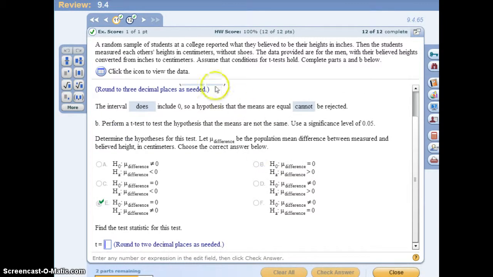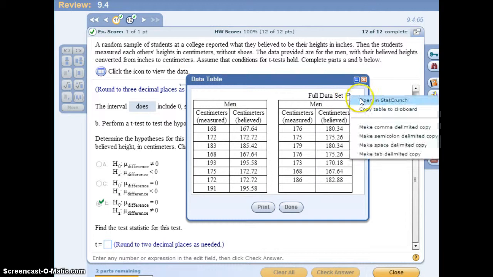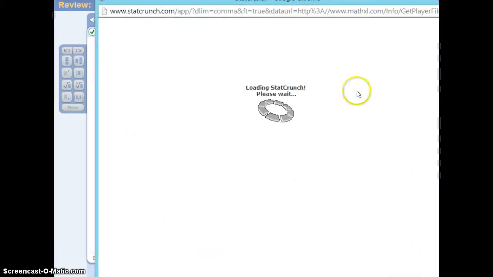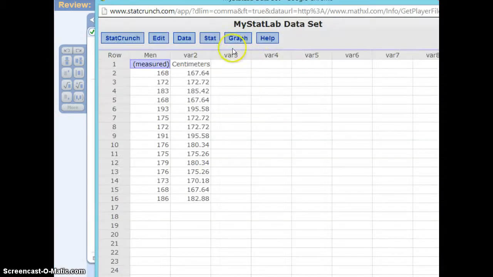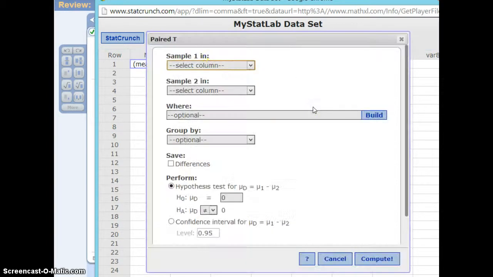And to construct a t-test, we go back to StatCrunch and go to Stat, T Stats, Paired, with the second column as the second sample. So now we check this, we're testing not the same versus the same.